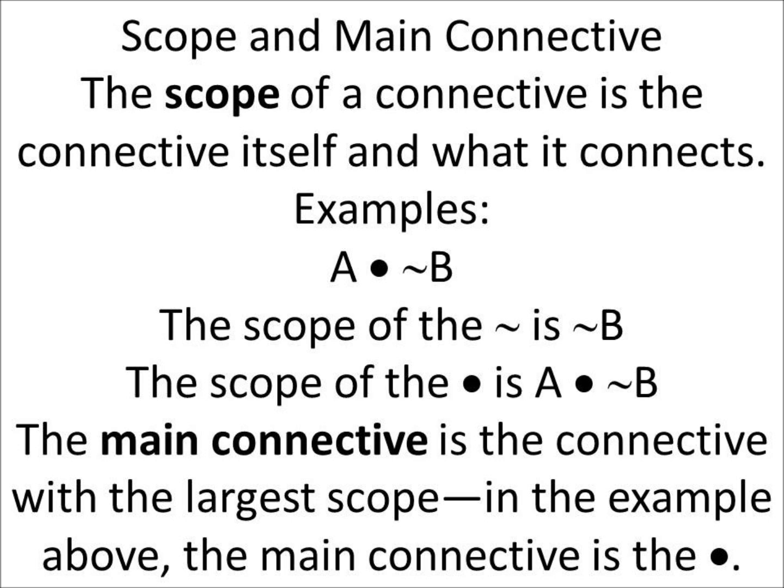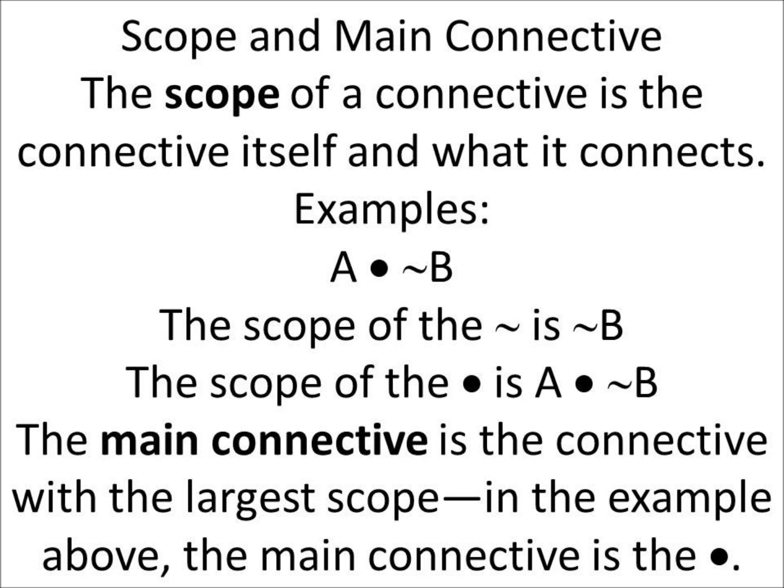Now we name the statements after the main connective. So if the main connective is a dot, as it is in this case, that is called a conjunction. If the main connective is a wiggle, then we call it a negation. If the main connective is a horseshoe, we call it a conditional statement.